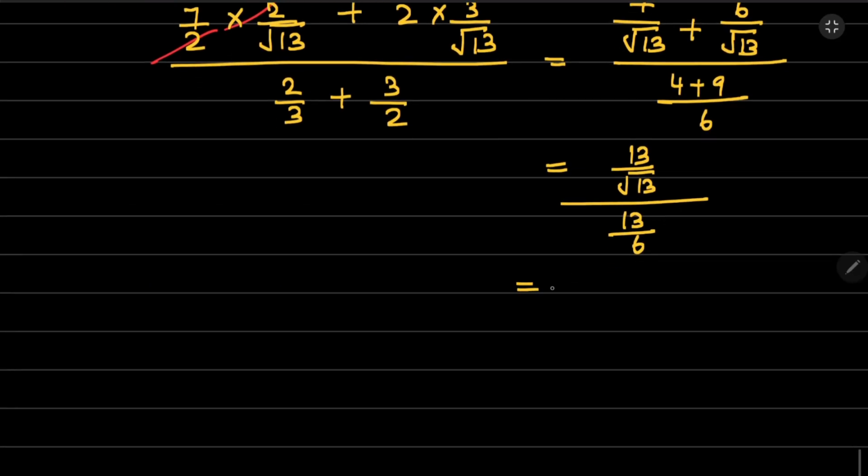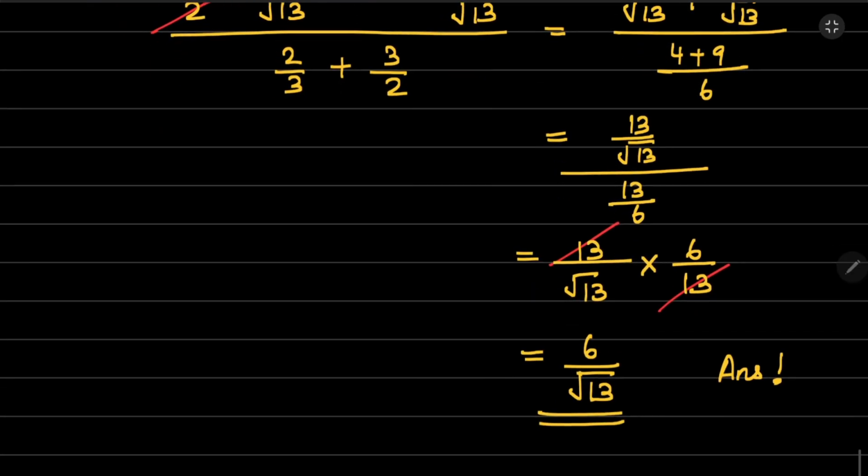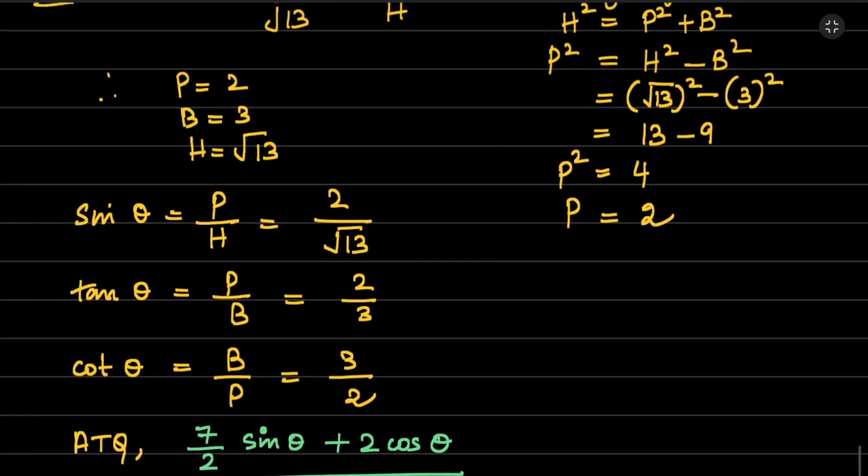So this is 13 by root 13 multiplied by 6 by 13. The 13 and 13 will get cancelled, and what remains is just 6 divided by root of 13, and that's your final answer. If you do it very patiently and carefully, all of these will be very, very easy.